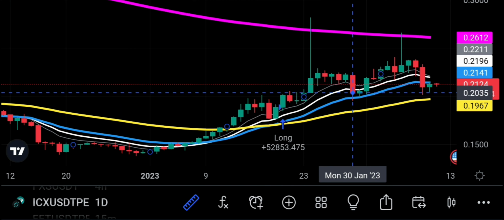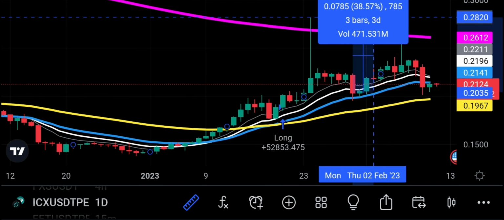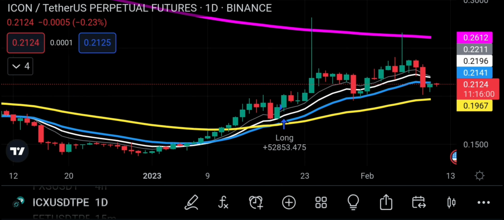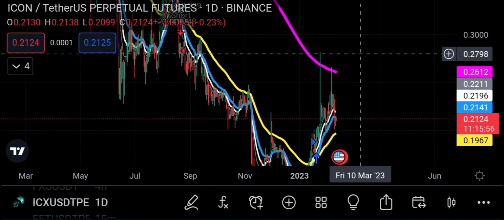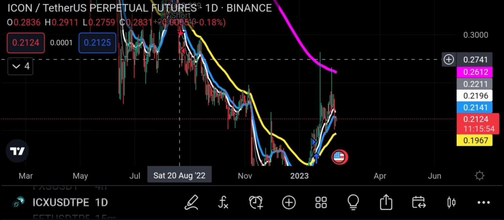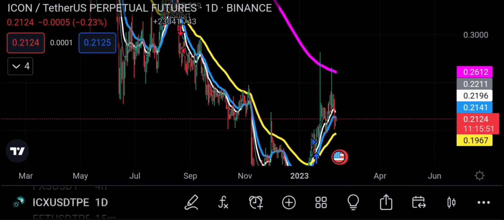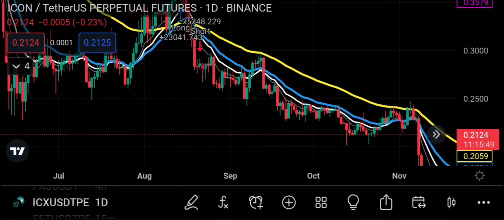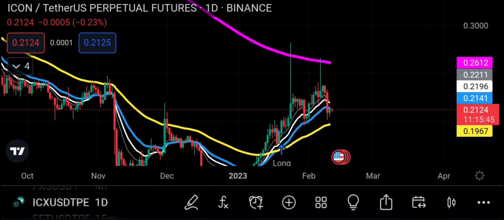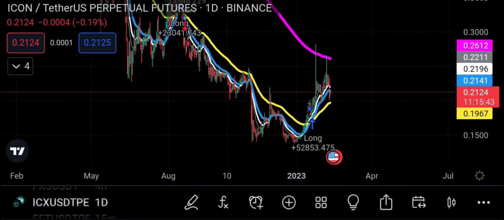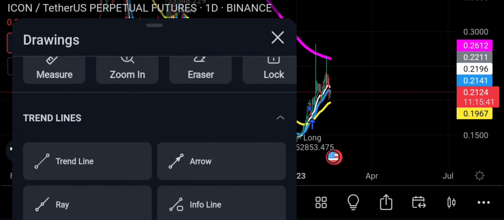That was a 38% gain. And at the same time on the daily, we're coming into this resistance zone where we sold off last time. We had a short signal over here, so it is a higher probable short.